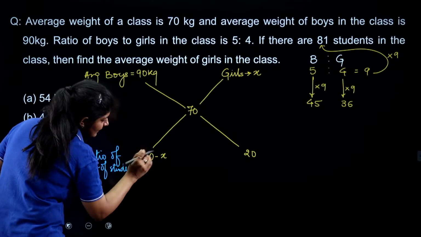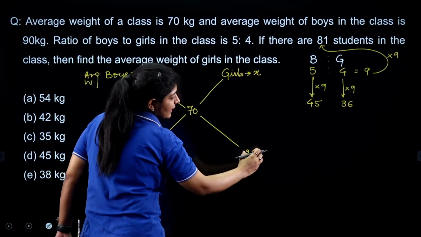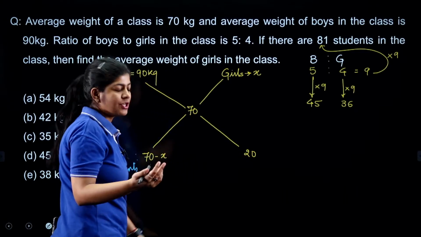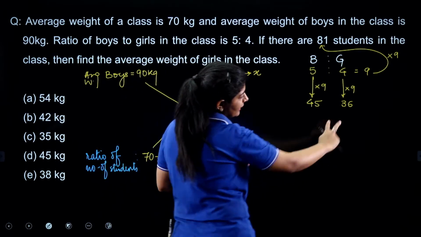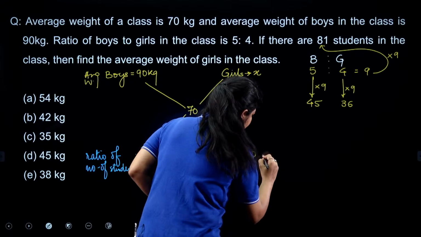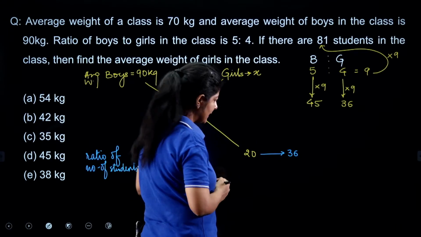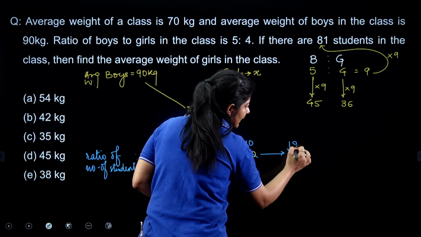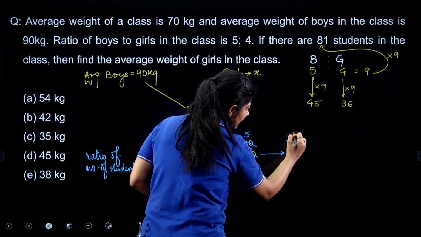This number represents the number of boys and this number represents the number of girls. But here in this allegation, we only got the number of girls equal to 20, but actually it is 36. The actual value of this one is 36, right? So here I can write 10, here I can write 18, afterwards 5 and here 9.